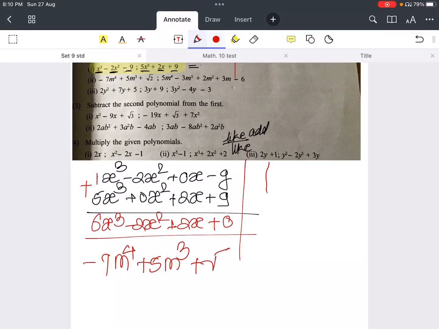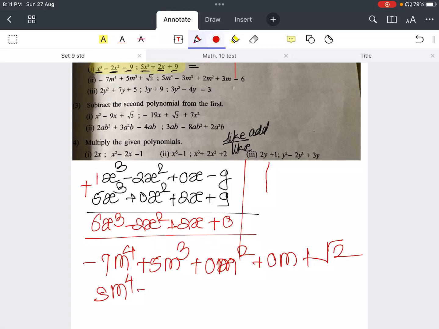Instead of that root 2, we will write 0m raised to 2 plus 0m plus root 2. And the last one, 5m raised to 4 minus 3m cube plus 2m square plus 3m minus 6.